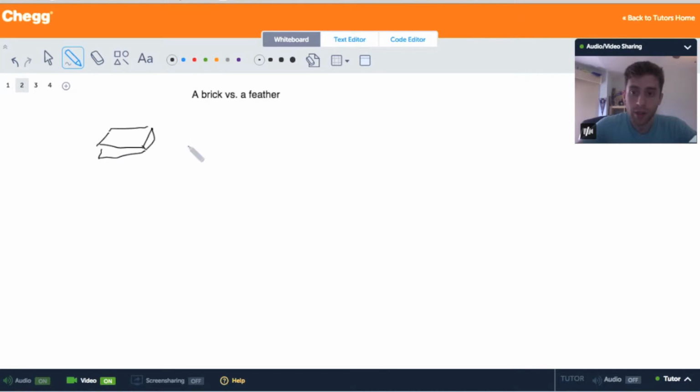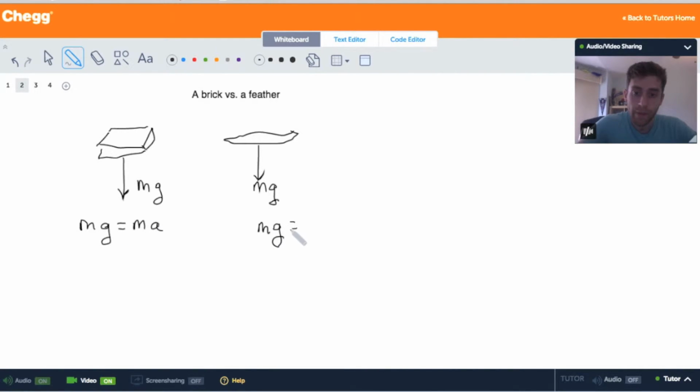So we have a brick, and we have our feather. I know it's a horrible drawing, but if I drop these in a vacuum, the only force acting down is mg. It's mass times the acceleration due to gravity on both of them. Now this is the net force, so this force is equal to mass times acceleration, and we can cancel out the masses because they appear on both sides.